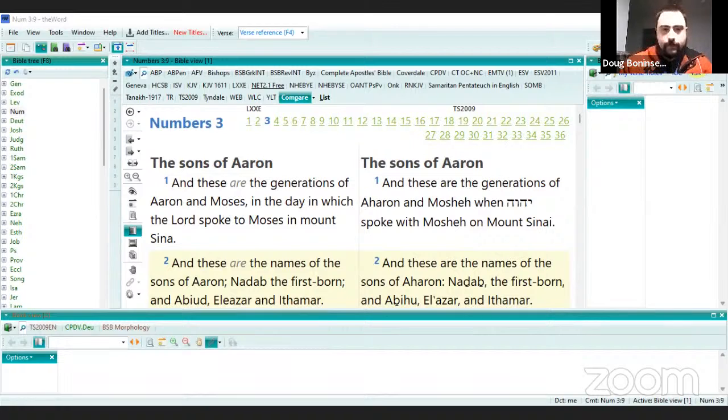All right. So another interesting difference here, by the way, I forgot to mention this. I should have mentioned it in the beginning of this study. The Masoretes themselves that made this manuscript were very anti-Yahusha. So sometimes you'll notice in your translations there will be things changed.